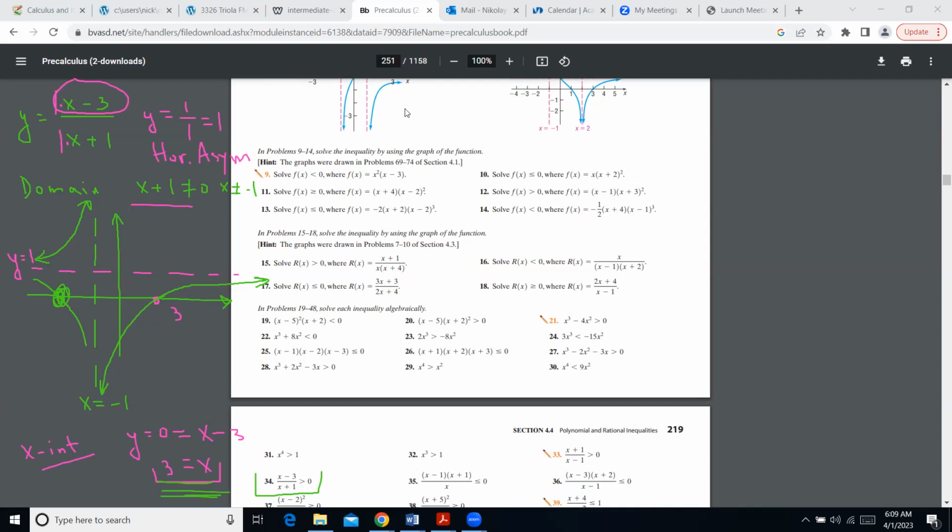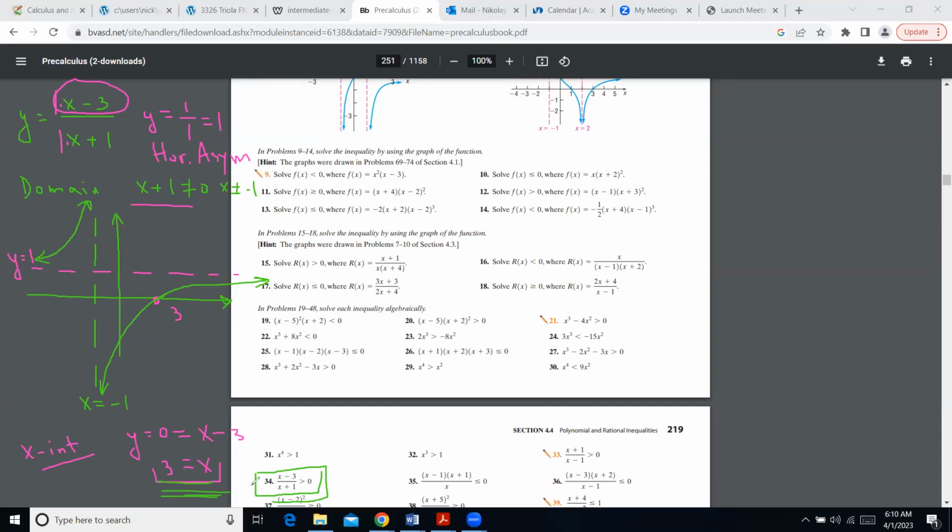See, that's why it's very important to actually find the point of intersection with the x-axis, because there are no others.